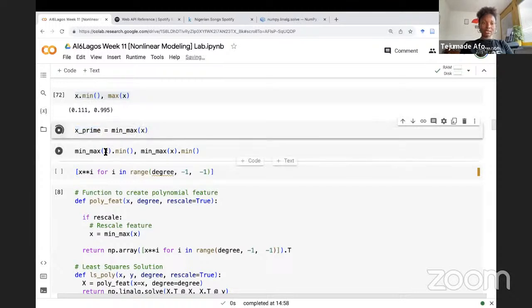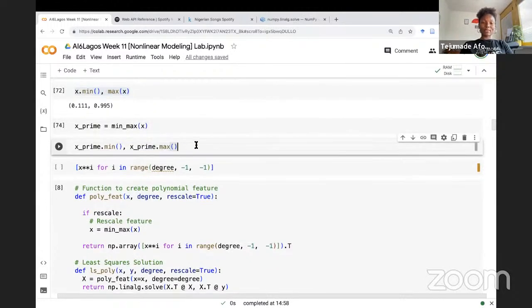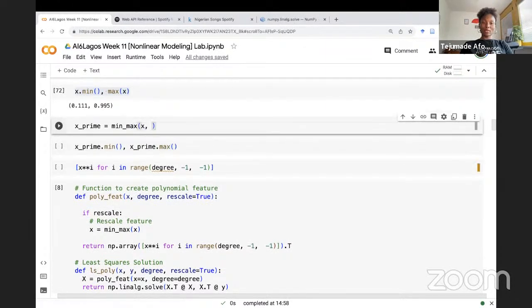Then let's look at the minimum for x prime and the maximum for x prime. What do we expect the minimum and maximum for x prime to be? By the way, we didn't tell it the range. The default range that I put there is -1 to 1. So let's be explicit: minimum range is this, maximum range is this.